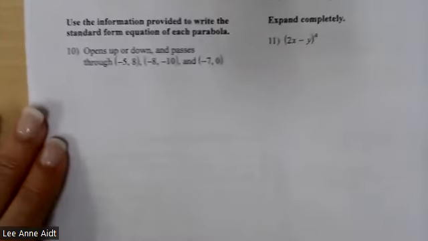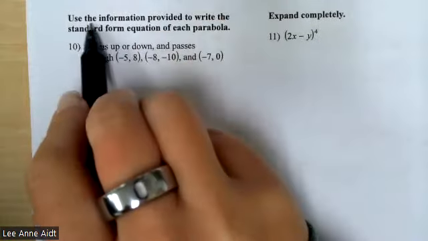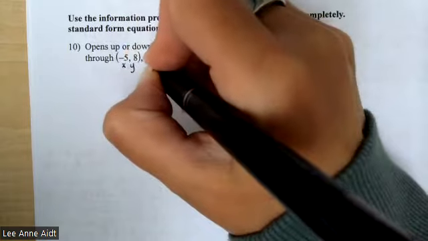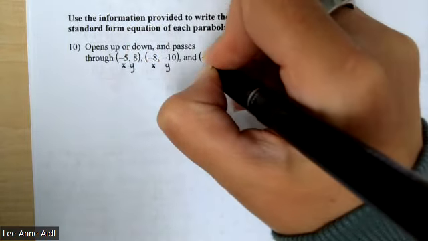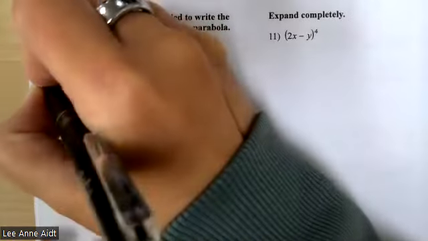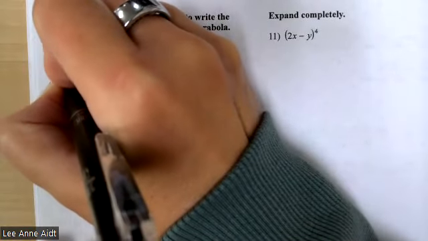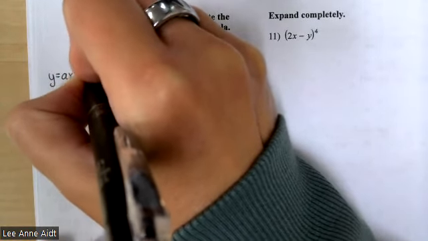Actually, number 11 is not hard. Okay. Number 10. Use the information to write the standard form equation. Remember, standard form is ax squared plus bx plus c.